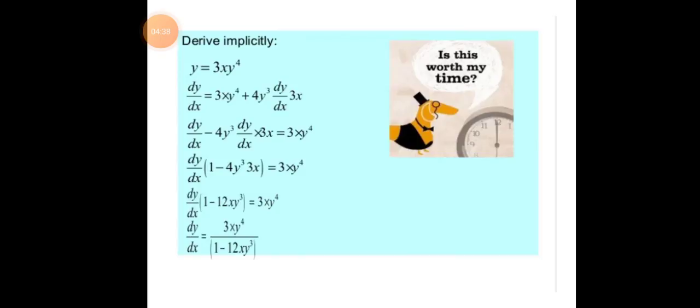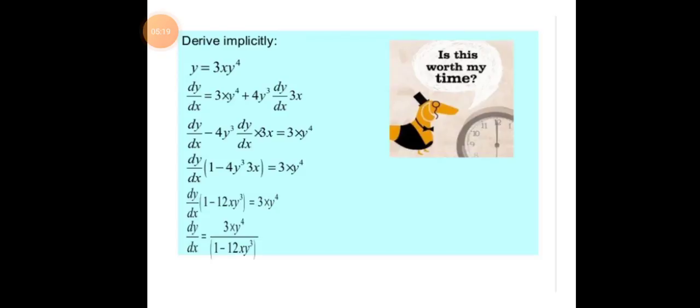Then derive implicitly, y equals 3x y to the power of 4. Dy divided by dx equals 3xy to the power of 4 plus 4y to the power of 3, dy divided by dx times 3x. Then dy divided by dx minus 4y cubed dy divided by dx times 3x equals 3y to the power of 4.